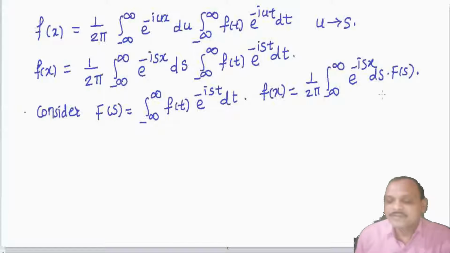Here in the f of x we have 1 divided by 2 pi, but here we have considered F of s equal to integration directly minus infinity to plus infinity.